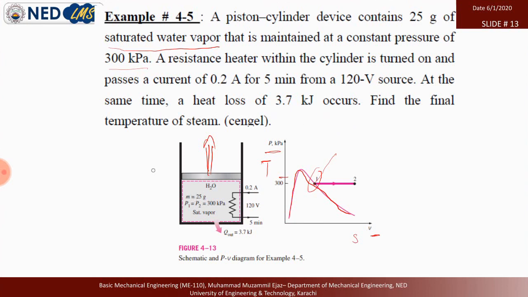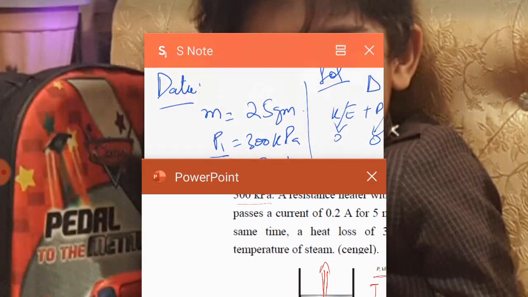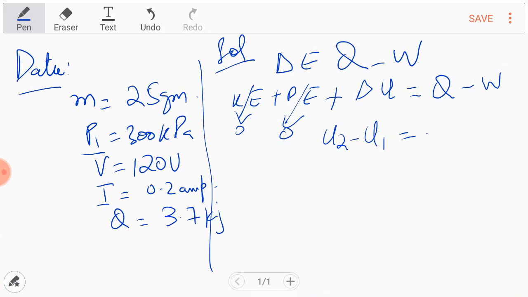So heat is lost from the system, and we write it with a negative sign, minus 3.7 kilojoules. Remember that we are putting it in kilojoules, so the remaining unknown we get will also be in kilojoules.